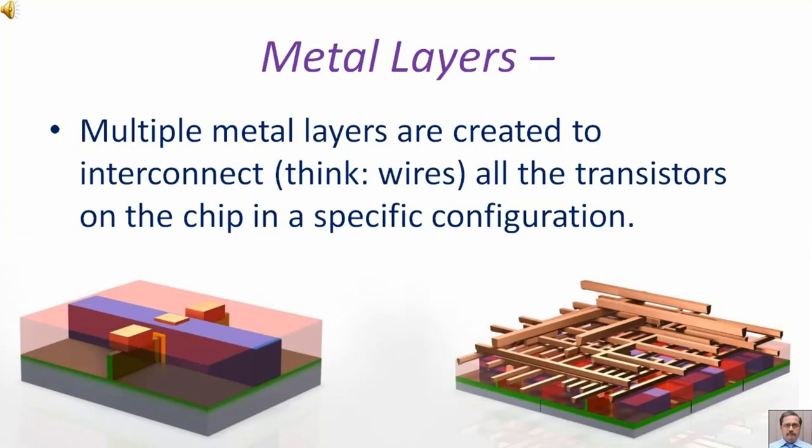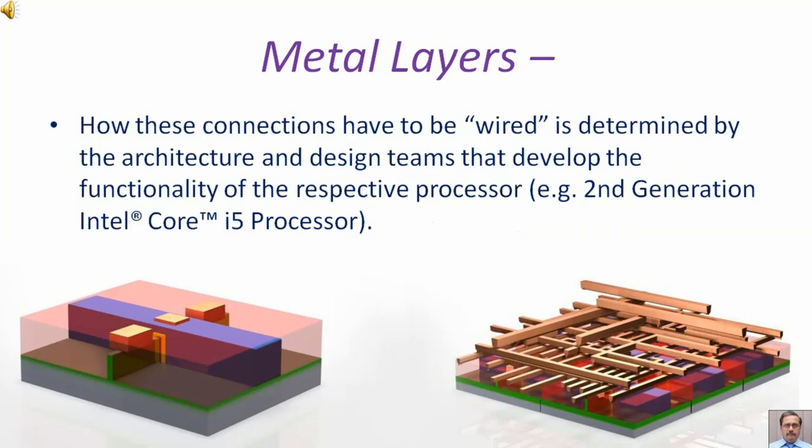Multiple metal layers are created to interconnect all the transistors on the chip in a specific configuration. How these connections have to be wired is determined by the architecture and design teams that develop the functionality of the respective processor.